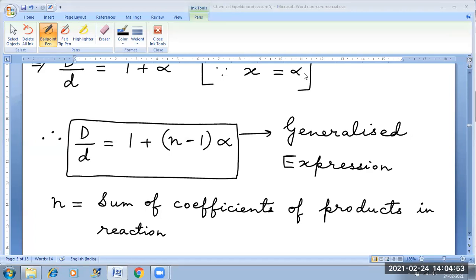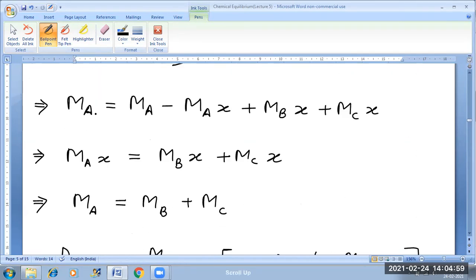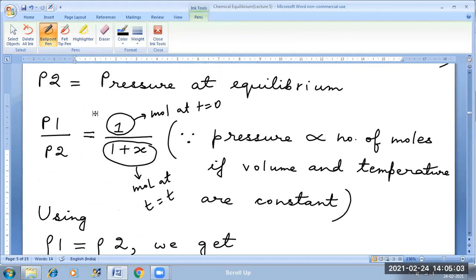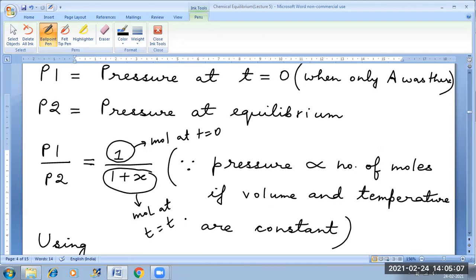Okay, someone has a doubt. How did that 1 upon 1 plus x come? Okay. See, pressure initially is P1 and final pressure is P2. What is P1? P1 is the pressure at T equal to 0, that is only when A was present. What is P2?